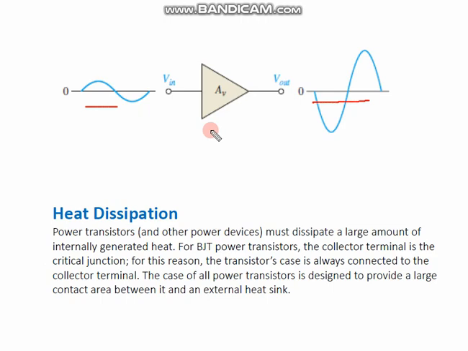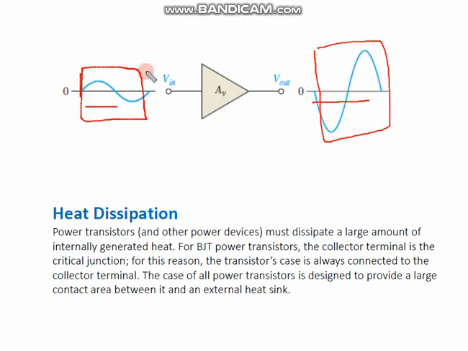We can say yes, this is a class A amplifier, because the output signal retains its original shape as in the input signal. I can write this as class A amplifier, right?